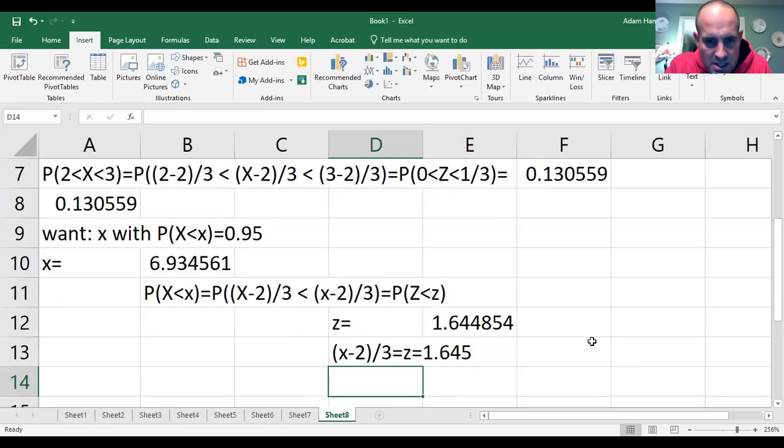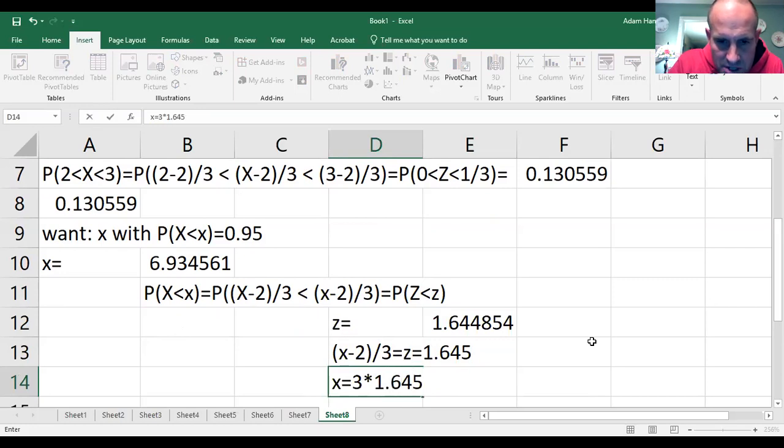Well, I would take 3 times 1.645. That's basically the standard deviation times the z value I got. Let me just say this is 3 times z plus the mean, which is 2, which is equal to 3 times 1.645 plus 2.